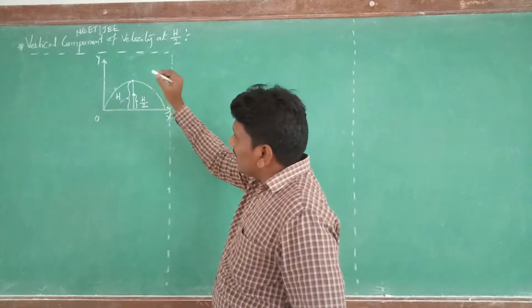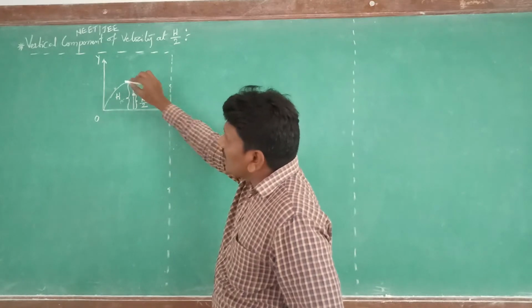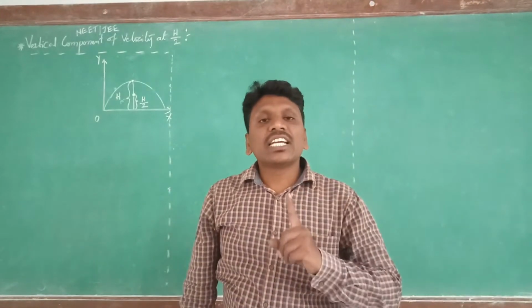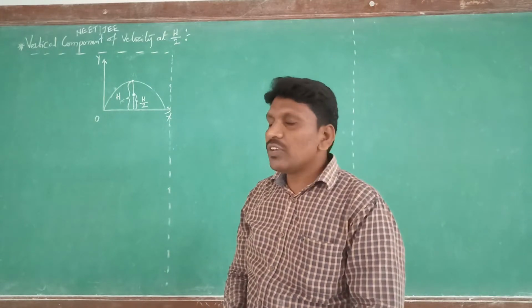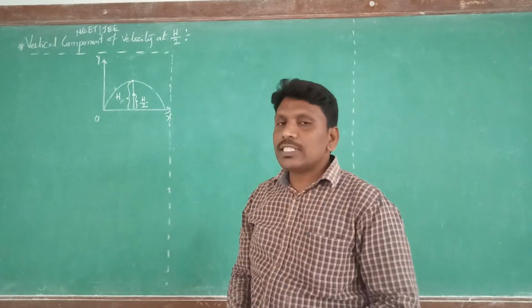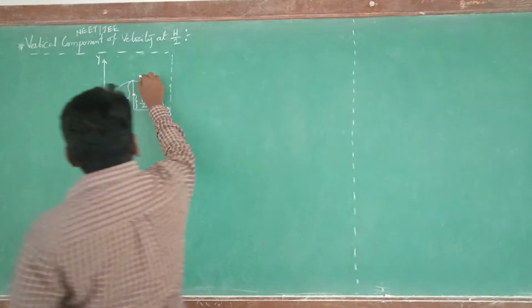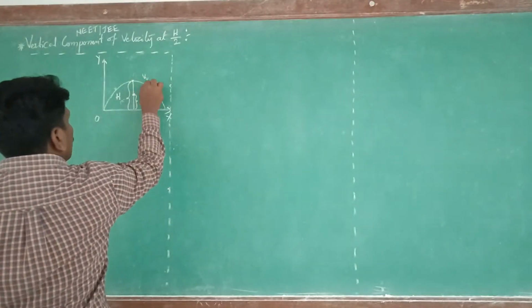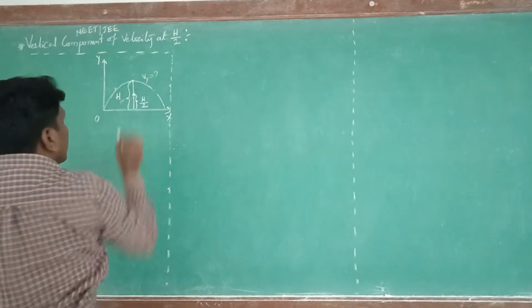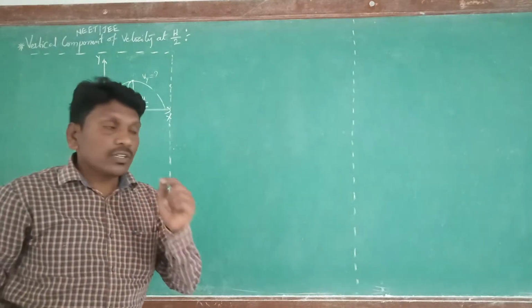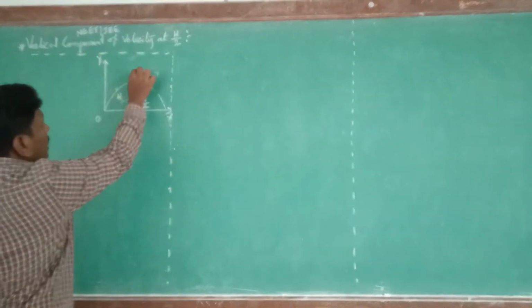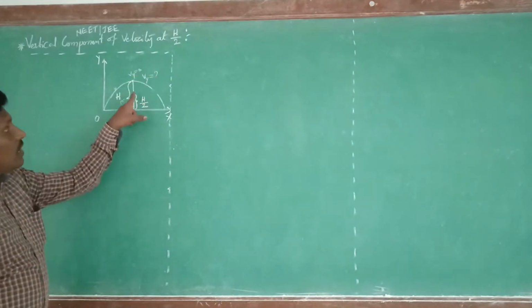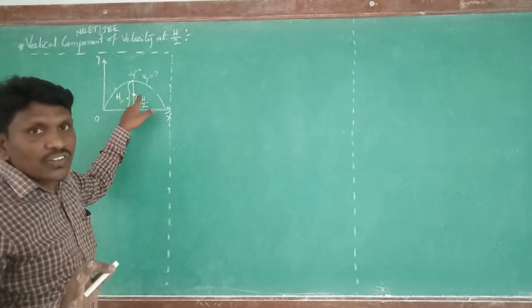At this point, what is the velocity in the vertical direction, or the vertical component? That we are going to see. Also, we are going to find out Vy. Look here, Vy is 0 at the maximum point, but here Vy is not 0.